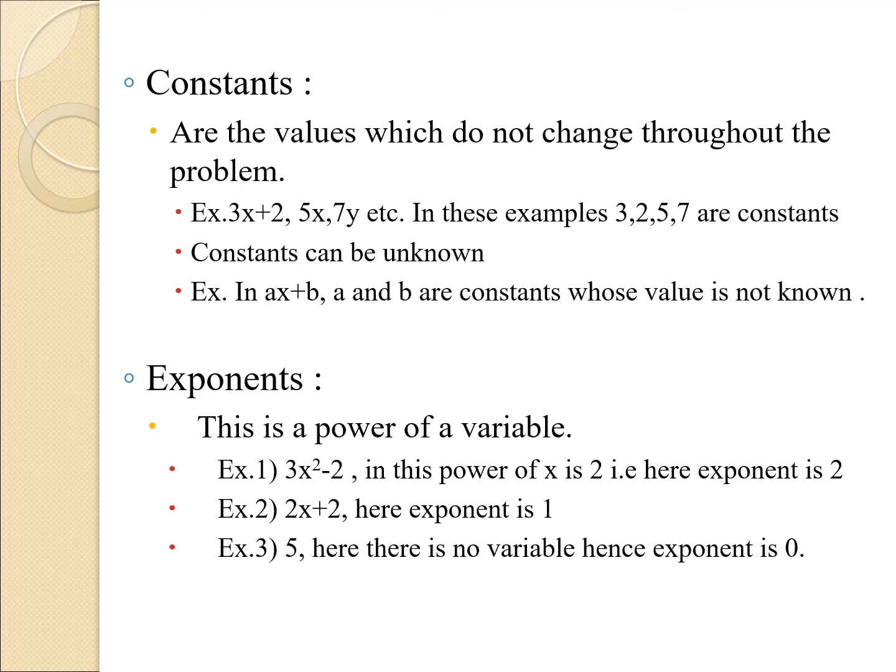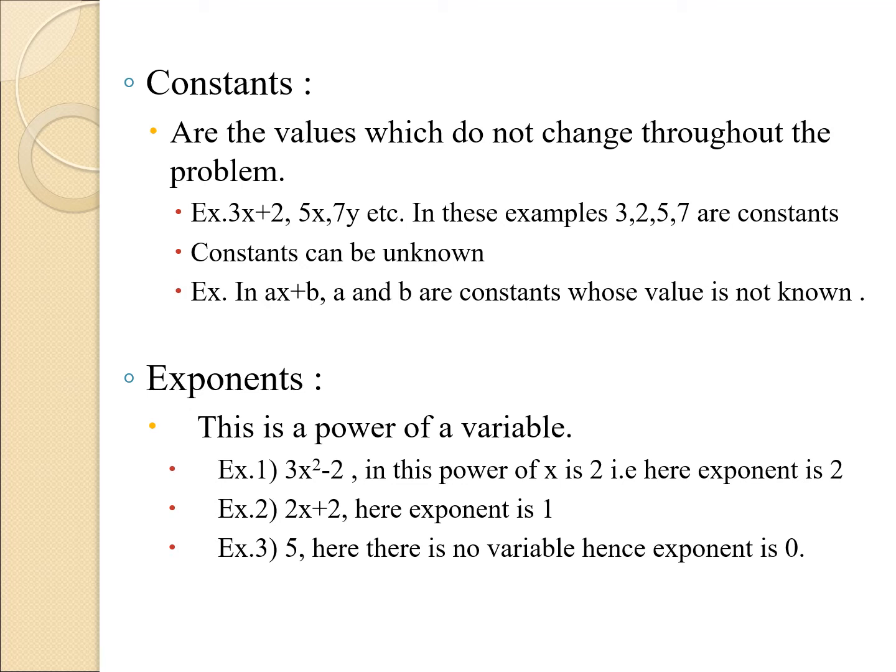In these examples, the numerical values are constant terms. But it is not always necessary that only numerical values will be constants. In some cases, we may use letters to denote constants whose value is not known. Here the example is ax plus b. Here x is a variable, and what are a and b?